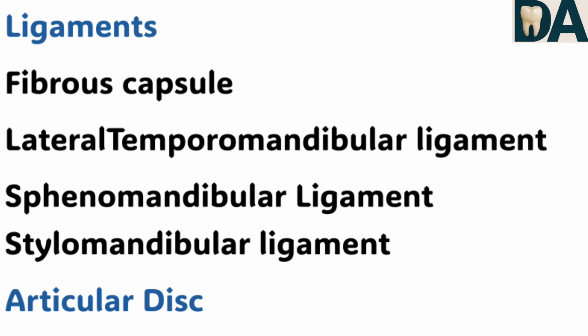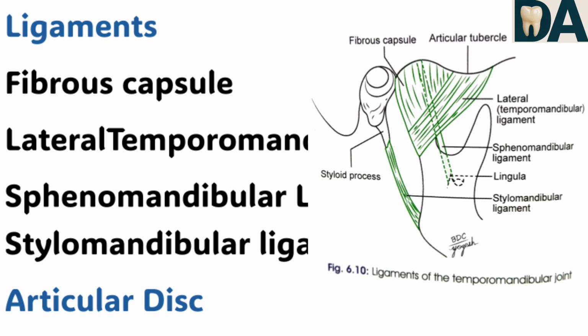In the temporomandibular joint, mainly two ligaments and a total of four ligaments are present. The first one is the fibrous capsule. It is attached above to the articular tubercle, the articular fossa, and the squamotympanic fissure, and below to the neck of the mandible.